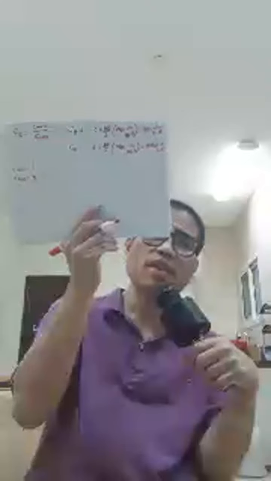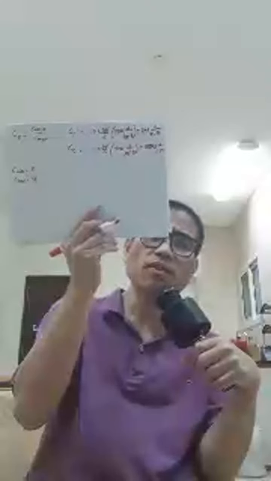4,186. CR is equal to C min over C max. So we can say C max, meaning the high value, is equal to 5,023.2 joules per second Kelvin, and C min is equal to 1,140 joules per second Kelvin.